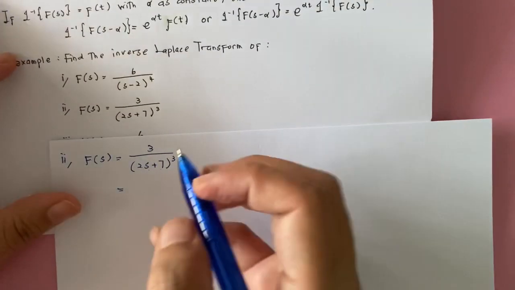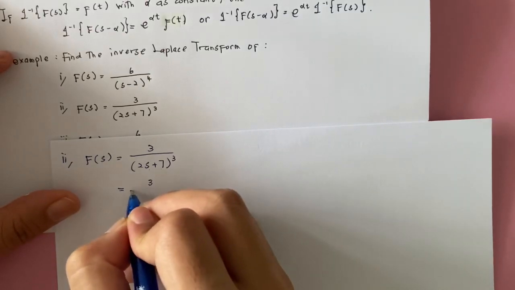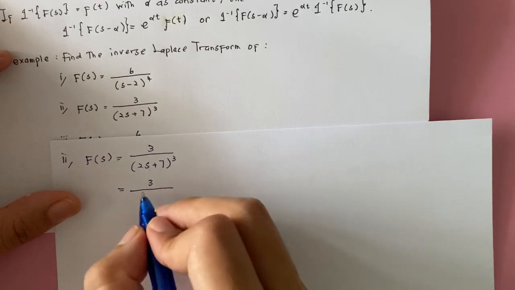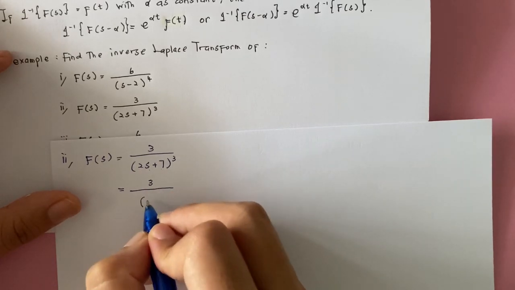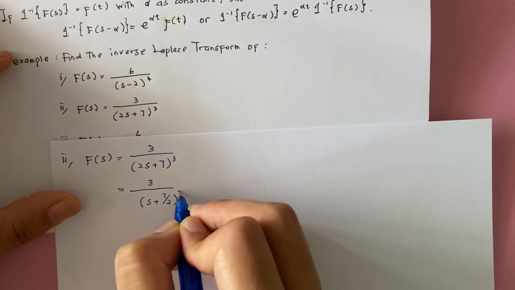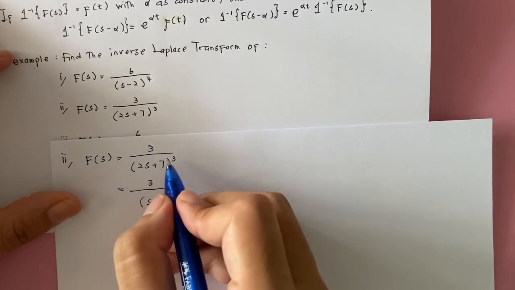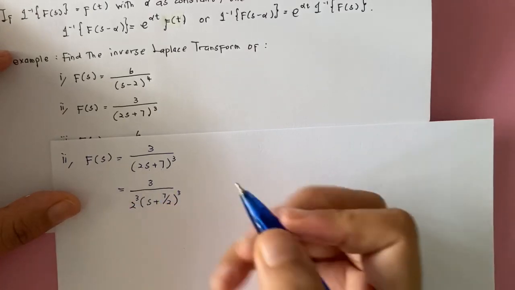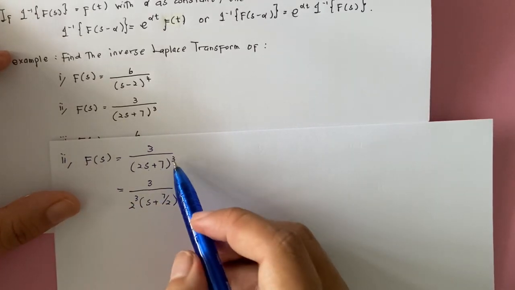First, divide everything by 2, so you have (s plus 7 over 2), and then move out the 2, which becomes cubed because of the power.